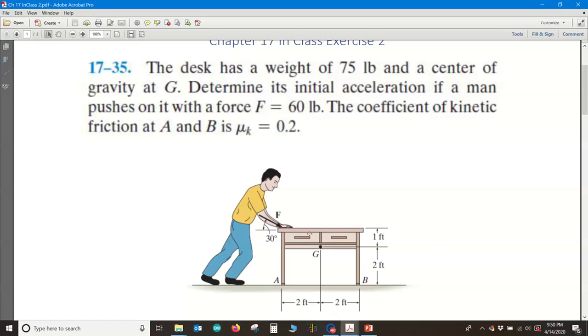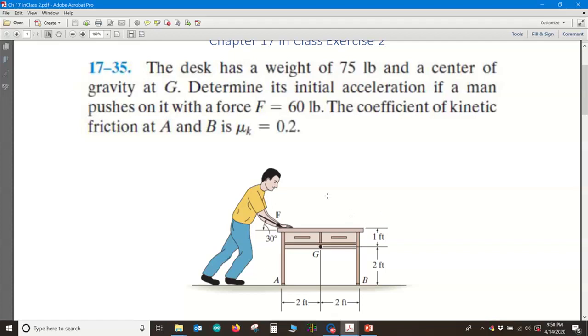Now you may be confused about how to know whether it's particle motion or rigid body motion. Well, read the problem statement carefully. In particle motion, most of the problems had the last line that says neglect the size of the particle, or neglect the size of the body. That means it's a particle.